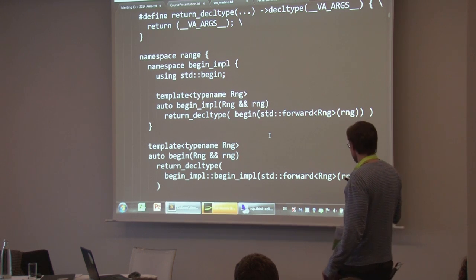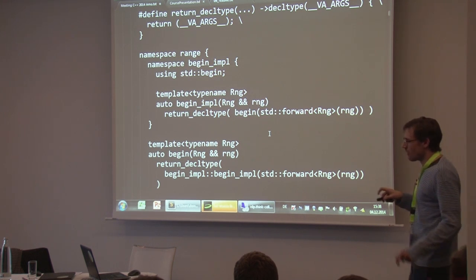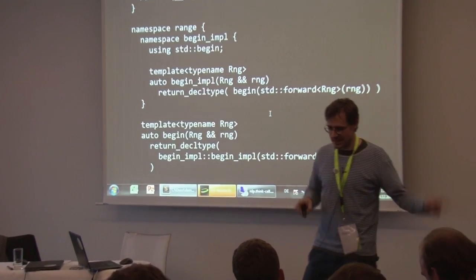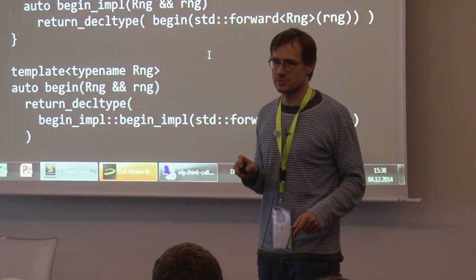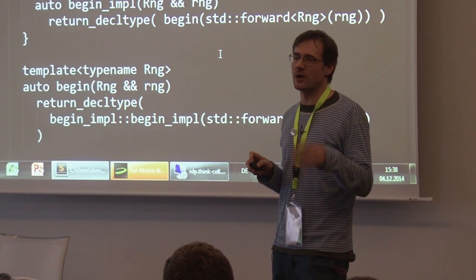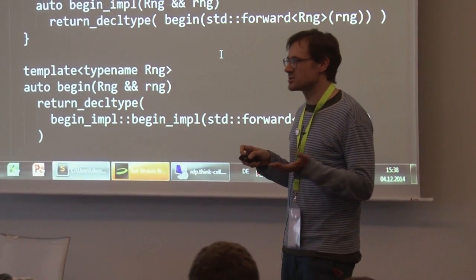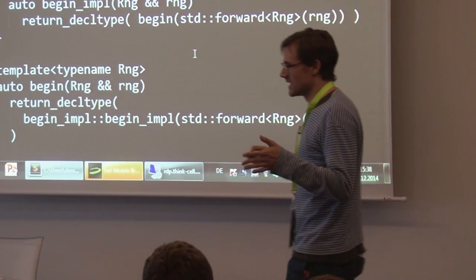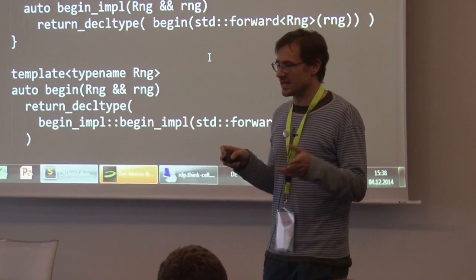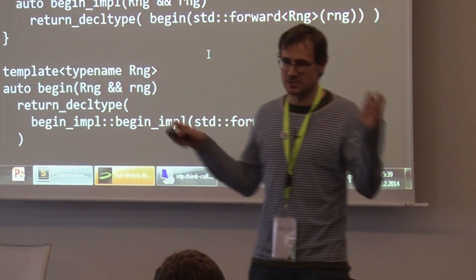Now, I want to talk about something else, which is the return decltype. When writing libraries, you are often just forwarding things around, and it's nice if you don't have to think too much about the return values. You want the system to figure it out by itself, because sometimes you just don't know the return value. In C++03, people often had traits like iterator_traits difference_type, iterator_traits reference, iterator_traits value_type, whatever.